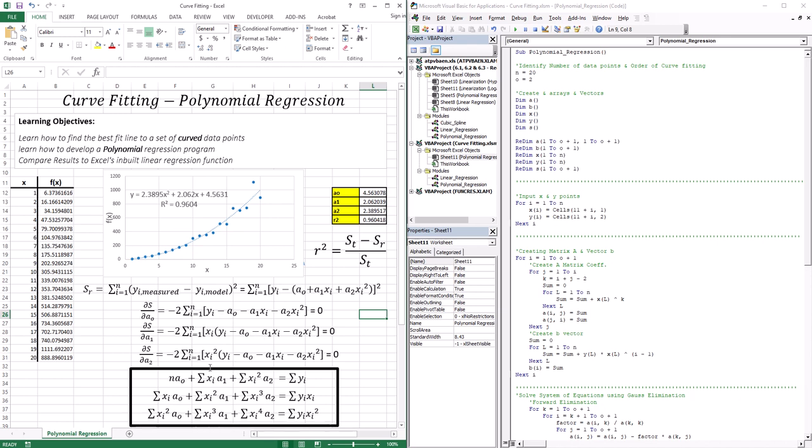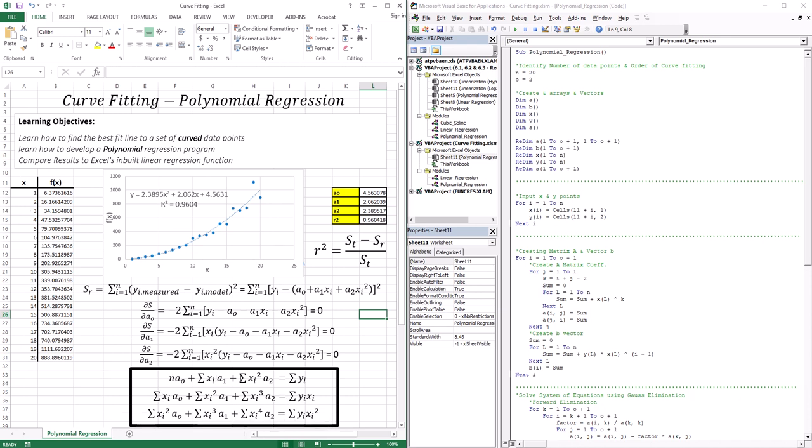We got those three partials, and it ended up as a 3x3 matrix if I'm dealing with a second order polynomial. Before I can solve this 3x3 system, I have to create the matrix A and the vector B, which is the three values on the right side. I found those are defined entirely in terms of the data points. N is the number of data points.